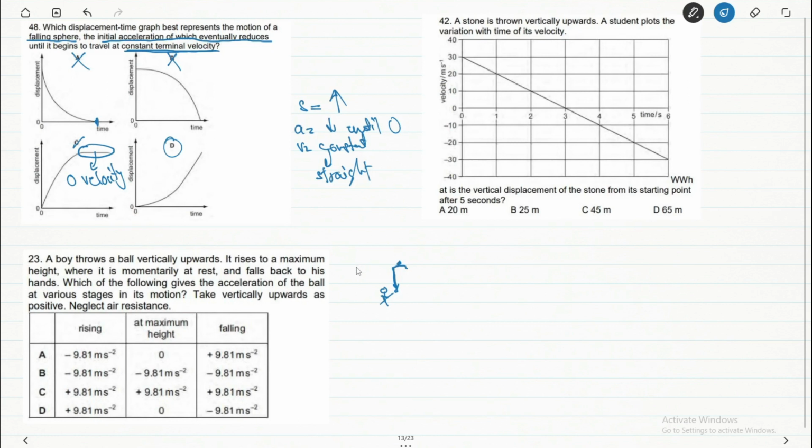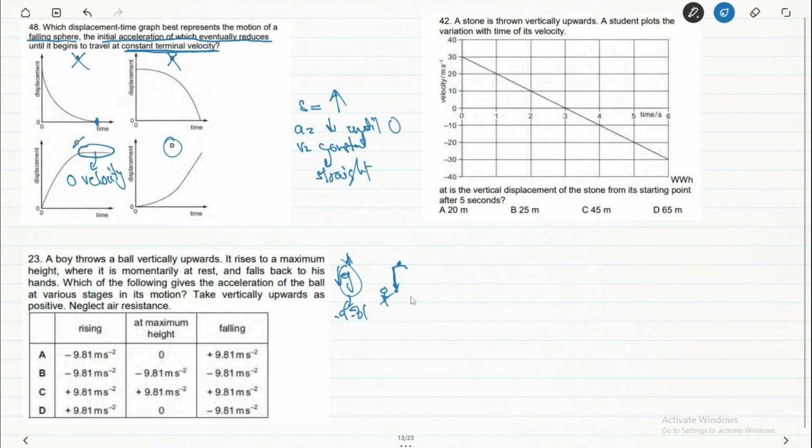At one point, when the ball is going upwards, the ball is slowing down because the acceleration is in the negative direction, which is G. In the second phase, this acceleration is G, which is negative 9.81, because it's going downwards and the acceleration is downwards.